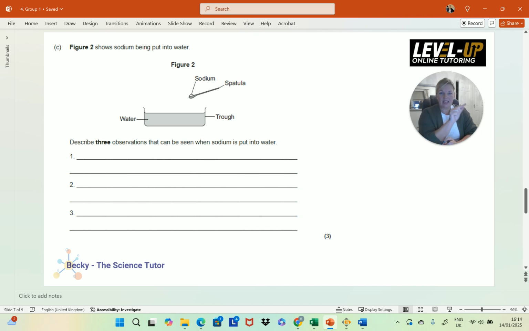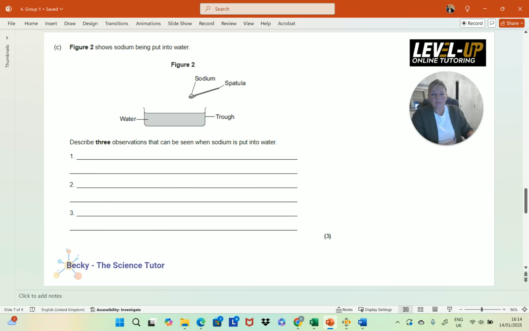Give 3 other observations. So therefore you can't say fizzes because it's already been given to you in the question. So just check that it's not already giving away one in the question, because you won't gain a mark for it because it's there in the question for you.